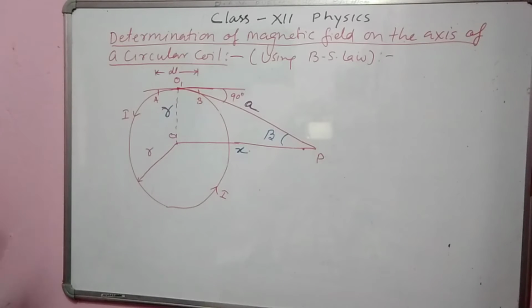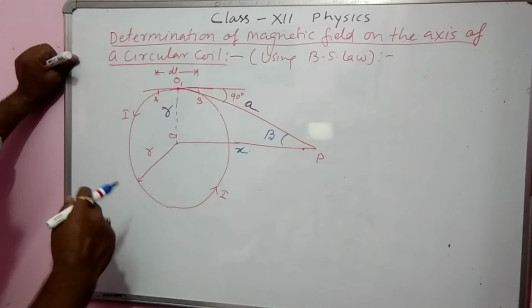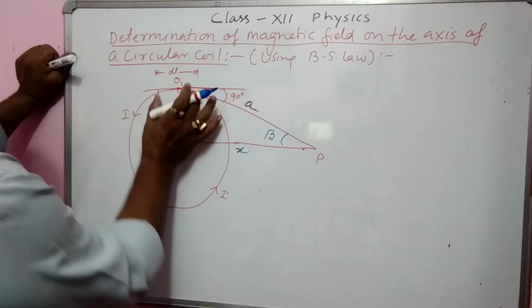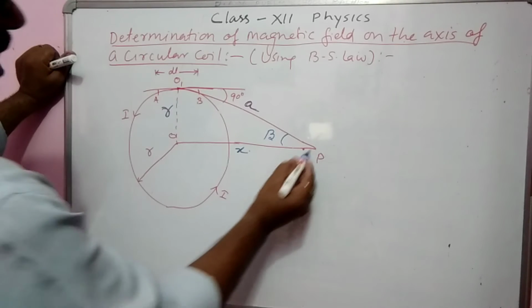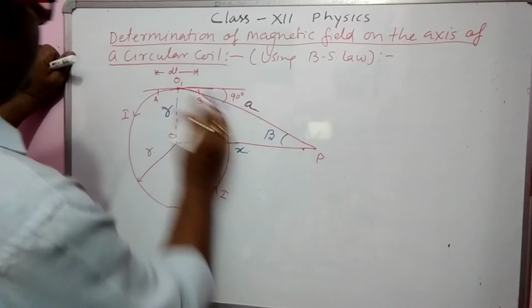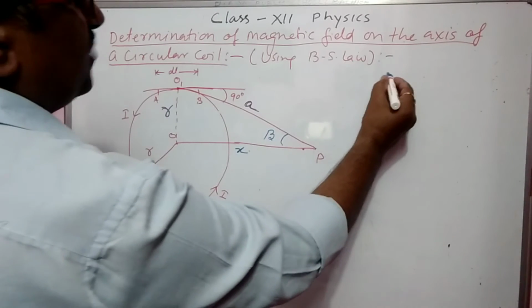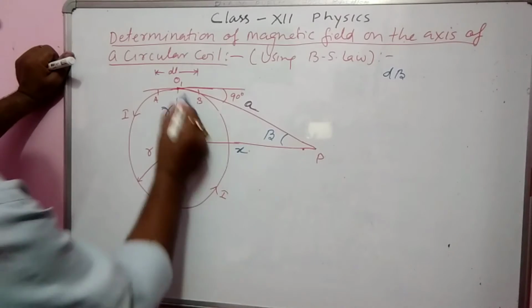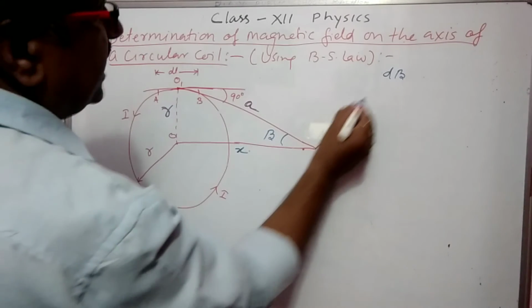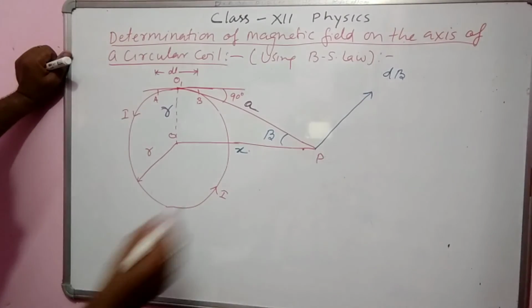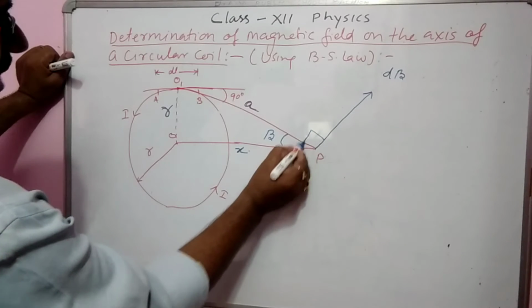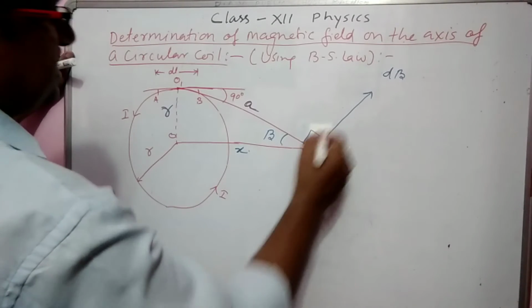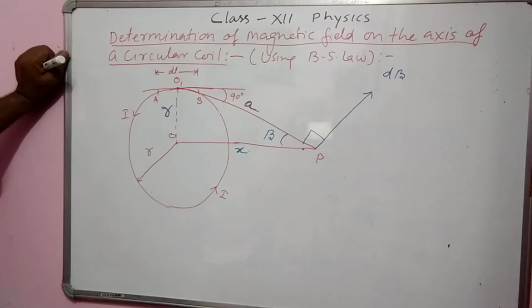So what will be the magnetic field at this point due to this current element? Let the magnetic field be dB, and it will be along this direction at a right angle to the line.